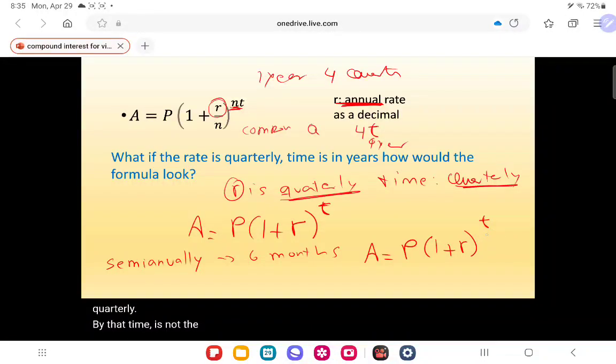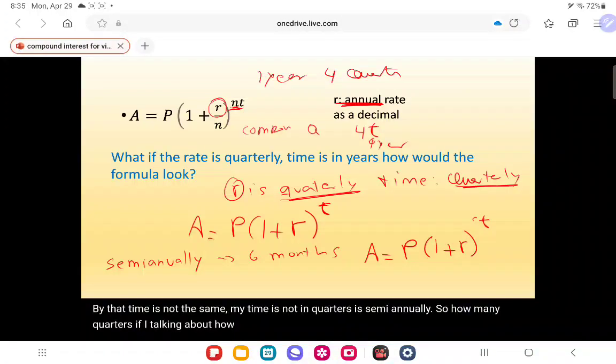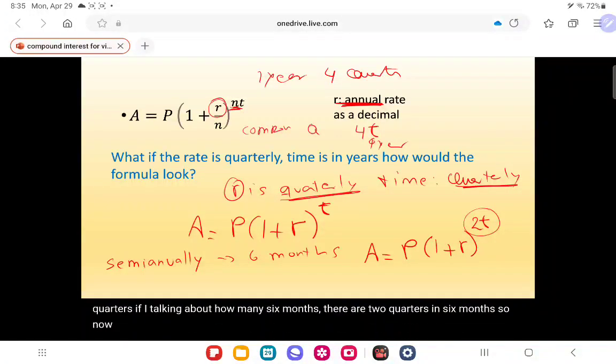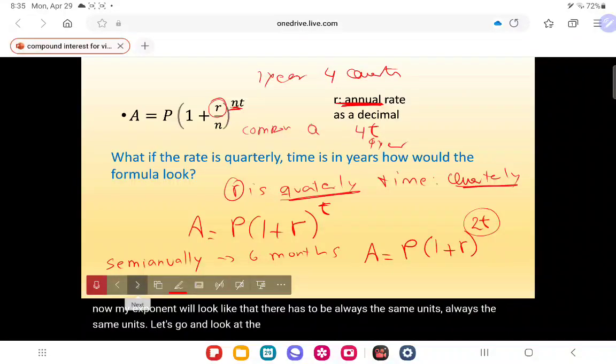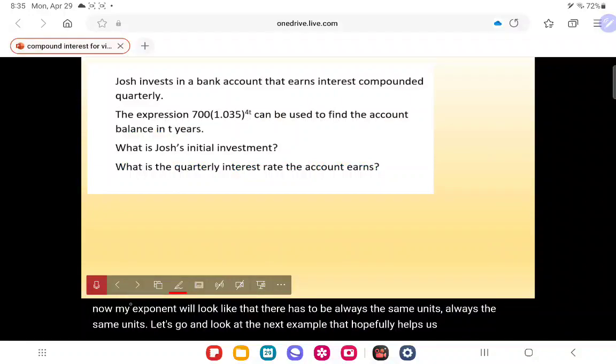My time is not in quarters, it's semi-annually. So how many quarters are there in 6 months? There are 2 quarters in 6 months. So now my exponent will look like that. There always have to be the same units. Let's look at the next example that hopefully helps us understand it better.